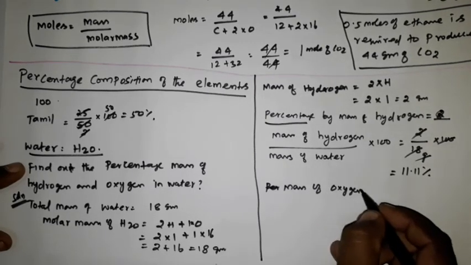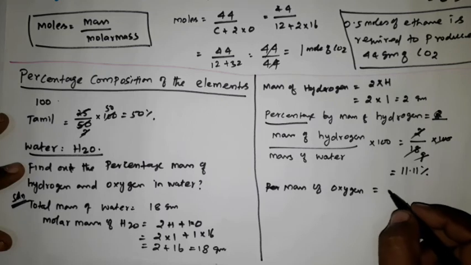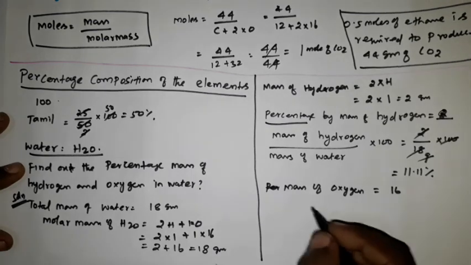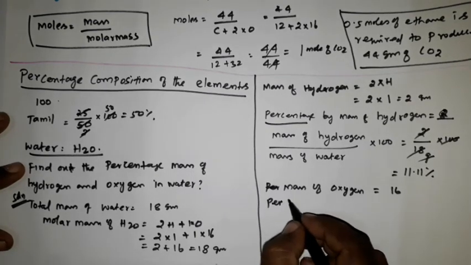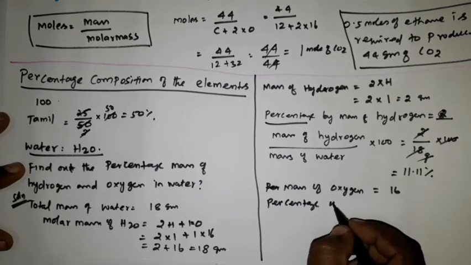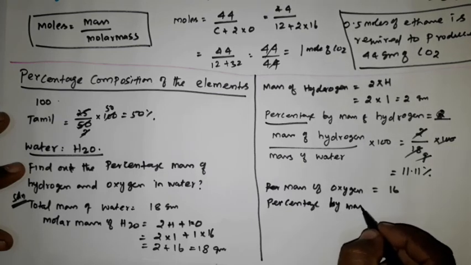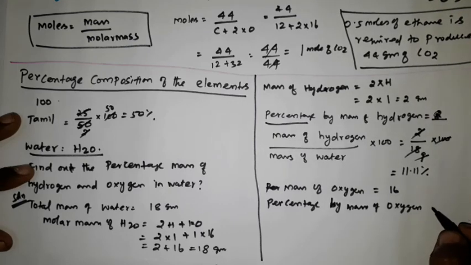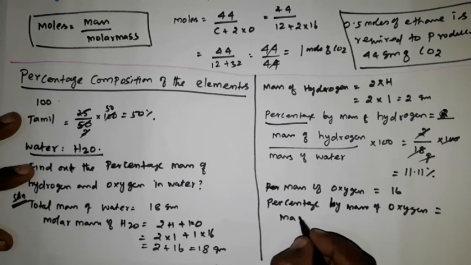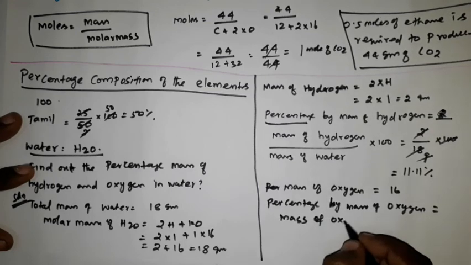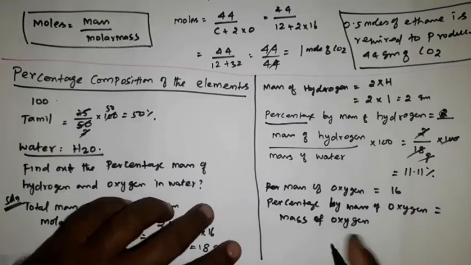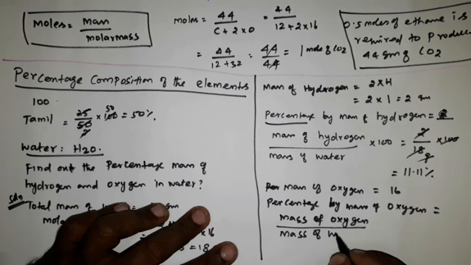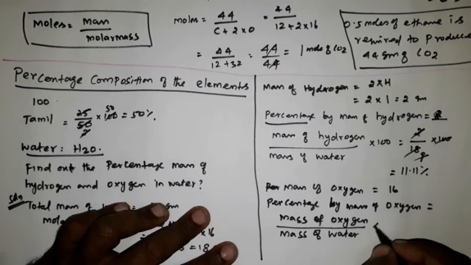Now mass of oxygen equal, there is only one oxygen atom, so 16 gram. Now percentage by mass of oxygen equal mass of oxygen divided by mass of water into 100.